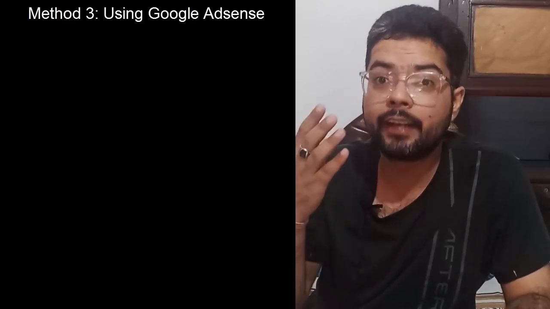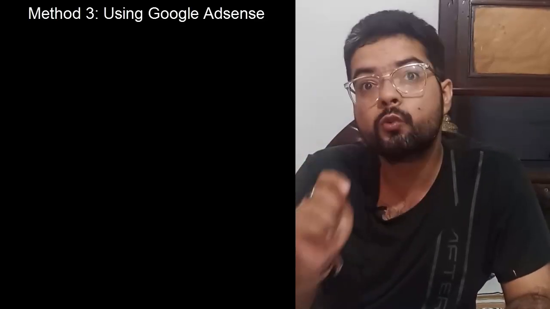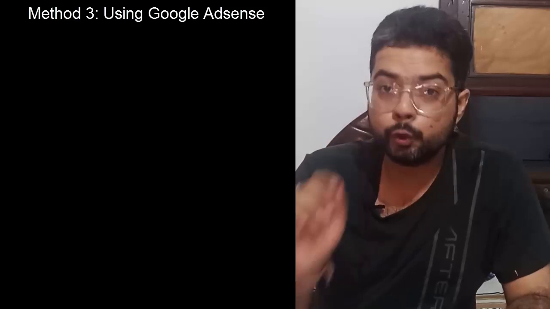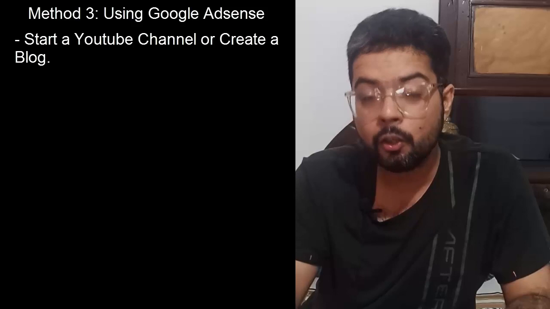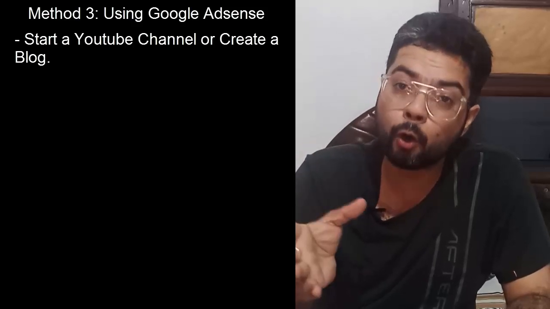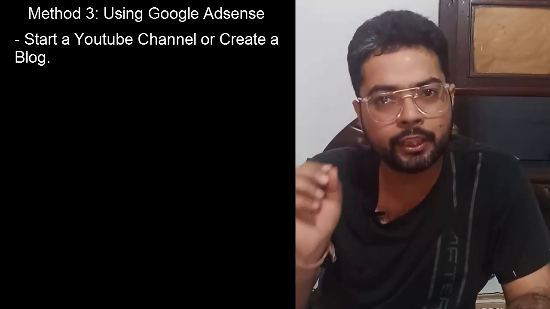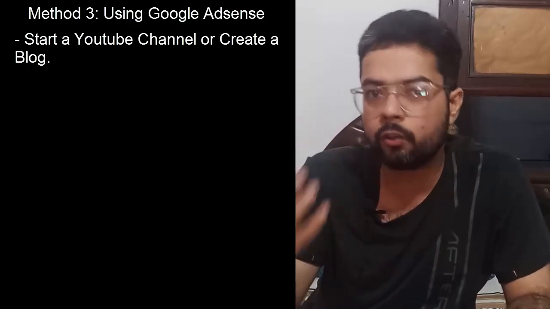The third way of earning passive income during PhD is using Google AdSense. If you are good at writing or creating content, you can use Google AdSense to your advantage and earn money. You can create either a YouTube channel, or you can start a blog and post content on the topic that you think you have expertise on, or you like to create content on.